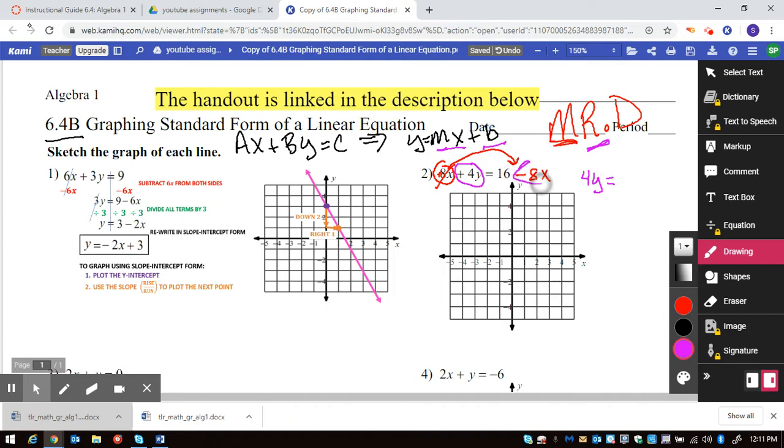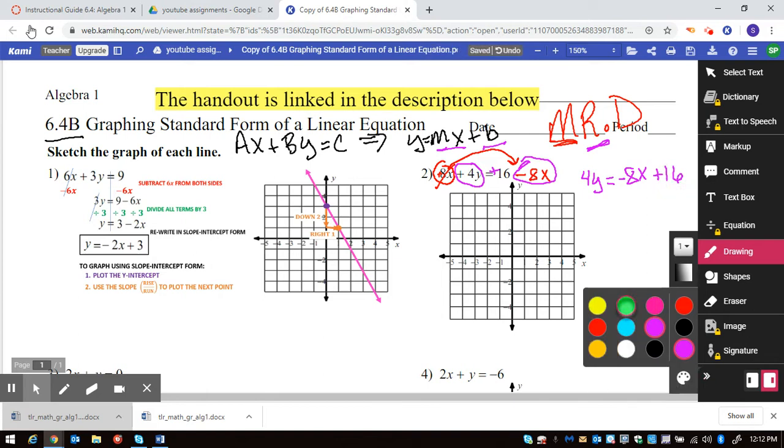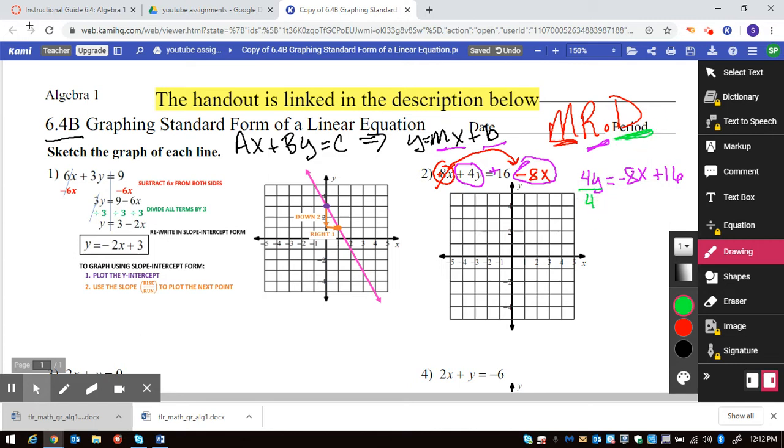So the x term is negative 8x, and this is a positive 16. So the b is plus 16. Now, the last part in Mr. D, D stands for divide. You divide by whatever number is with the y.